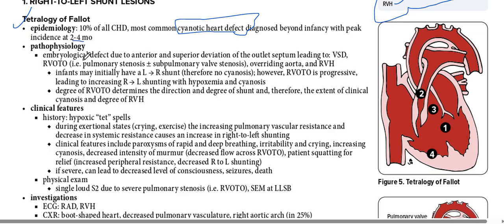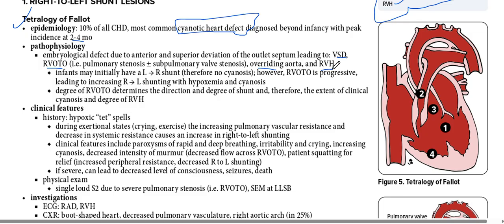So what happens is that there is a defect due to anterior and superior deviation of the outlet septum leading to ventricular septal defect, right ventricular outflow tract obstruction, overriding of aorta, and right ventricular hypertrophy, as I already told you, 2V's and 2R's. 2V was first V VSD, second V overriding of aorta, that is crossing the VSD.